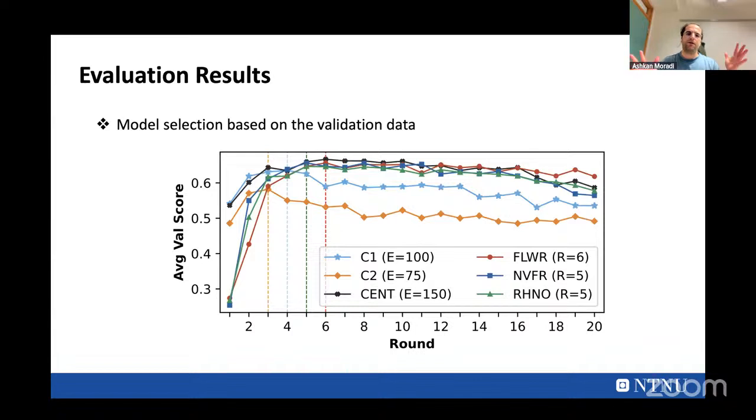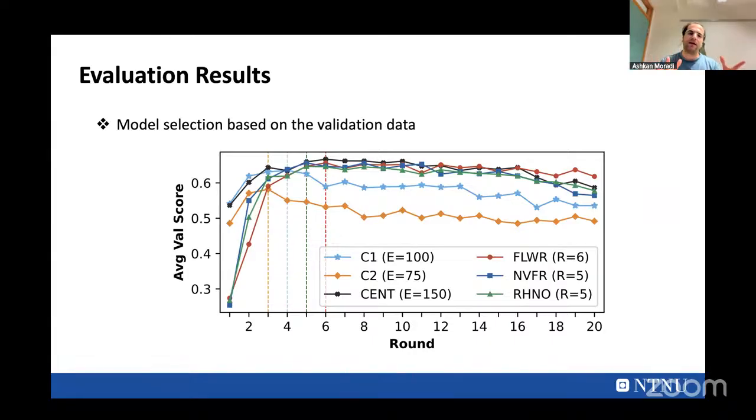In this figure, you see the validation score of each model, and on the x-axis, you see the rounds. For federated scenarios, we saved each model after each round, and then they were evaluated on the validation data that we had. In order to have a comparison with the local and centralized models, we also saved the models for these methods after every 25 epochs, just to be able to compare them with the same number of iterations as the federated scenarios.